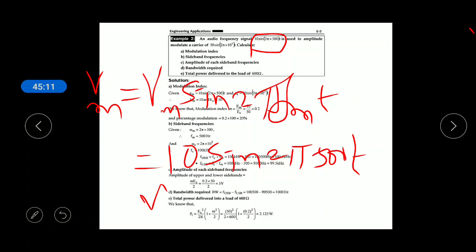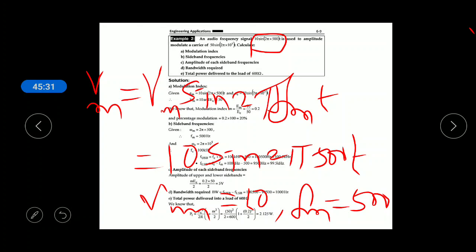So from this, Vm is equal to 10 and Fm is equal to 500. 10 is the peak value of the modulating signal, and in 2 pi f t, f equal to 500 hertz is the modulating signal frequency.